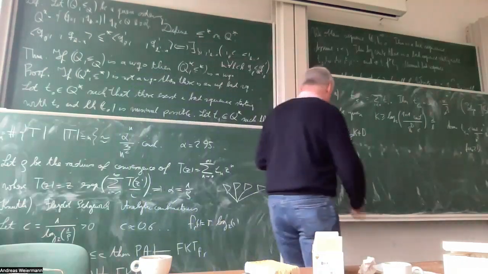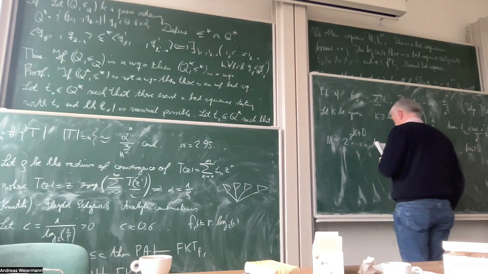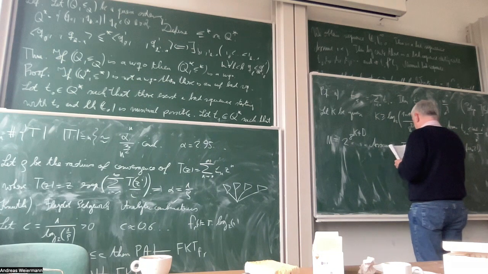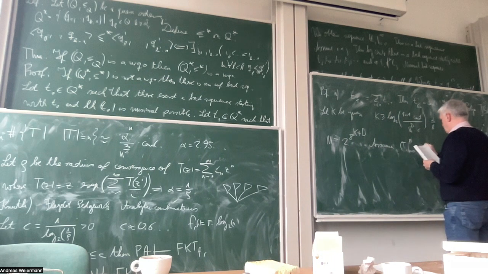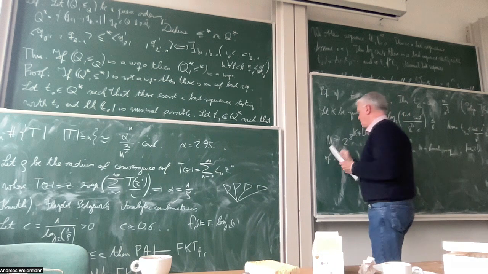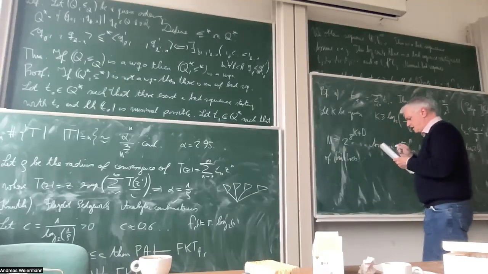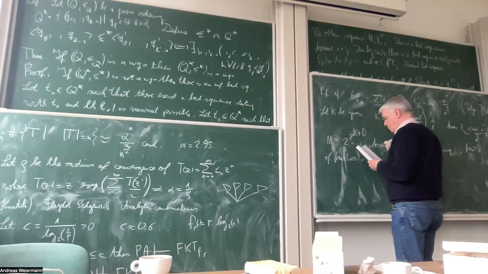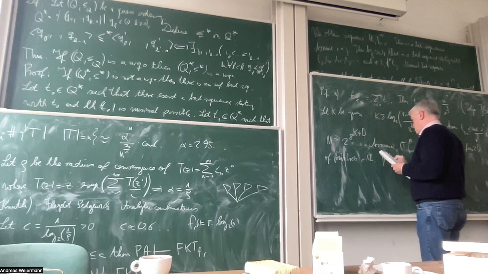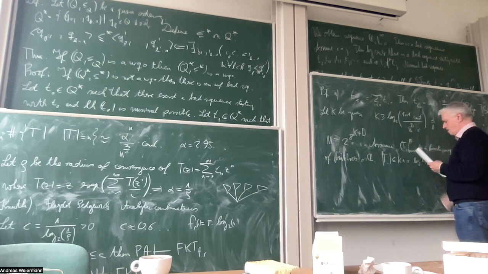So assume T_1 to T_n is a finite sequence of finite trees such that the size of T_i is bounded by k plus r times binary log of i.